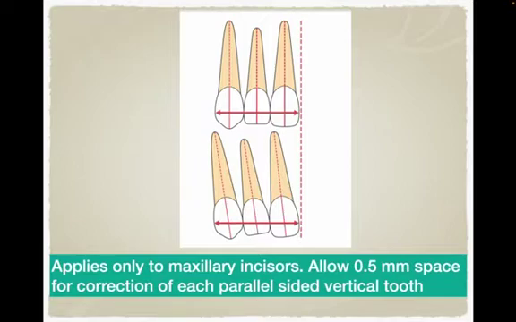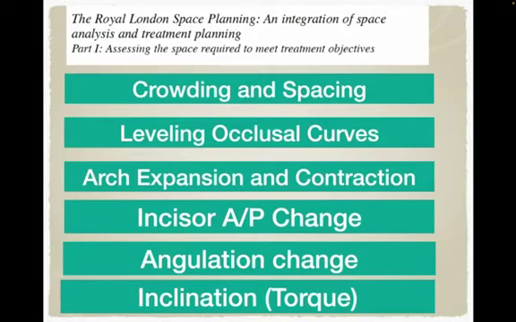But if it's minus 5, meaning that it's distally tipped, uprighting into positive 5 does not give you space, because when it's distally tipped, it's already consuming space. So in order to calculate the space, the tooth has to be upright, and then we tip it that way, we consider it as a space requirement.